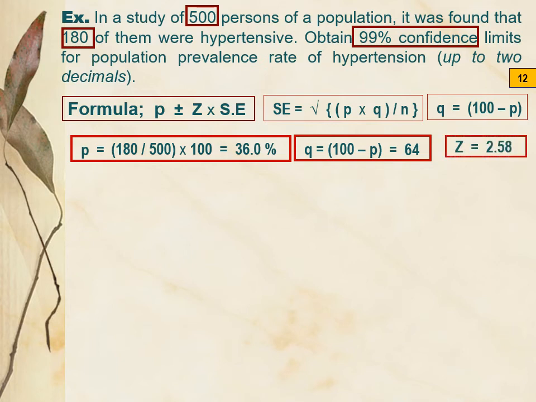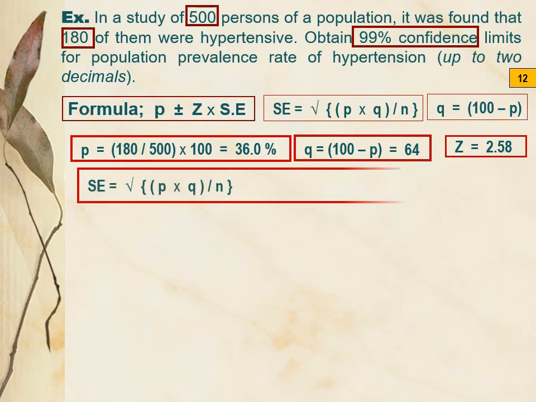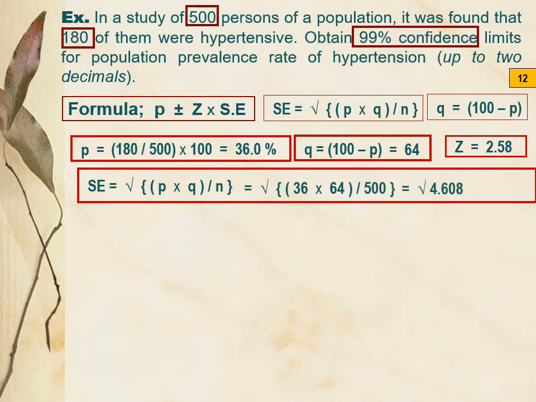I already told you that at least these two Z values you should memorize. For 95%, Z is 1.96. For 99%, Z is 2.58. You will get the SE by putting in the formula. You know Q, you have P, N is 500, and when you substitute the values, you will get SE equal to 2.1466.